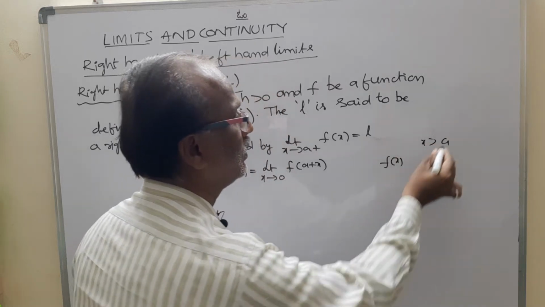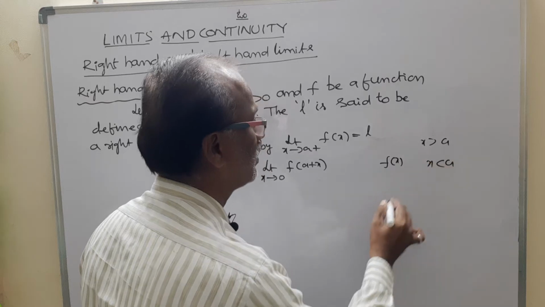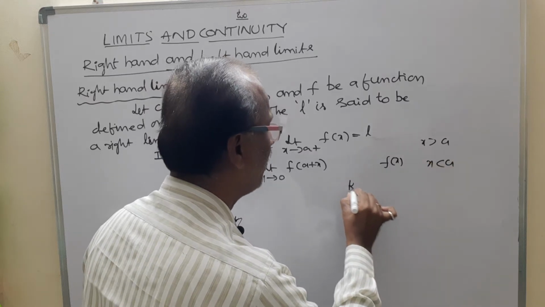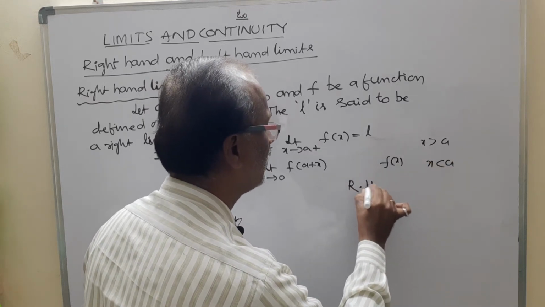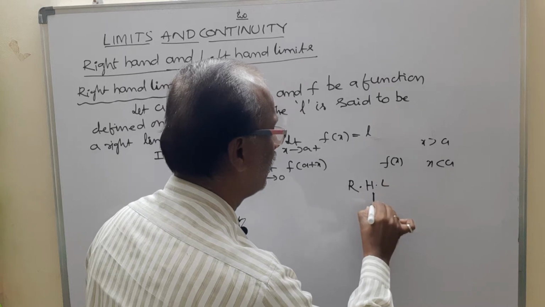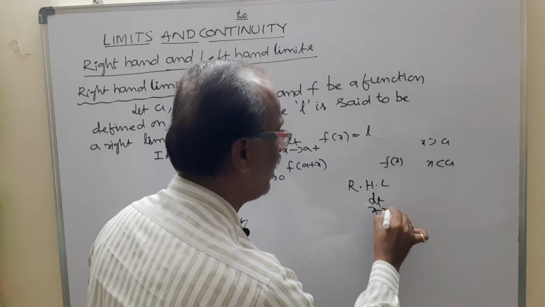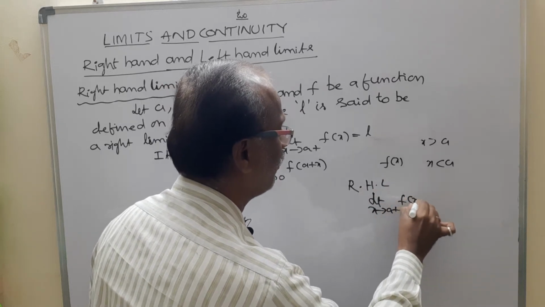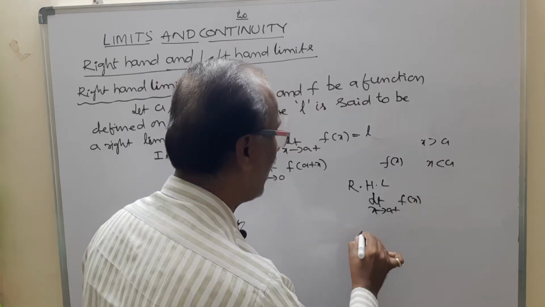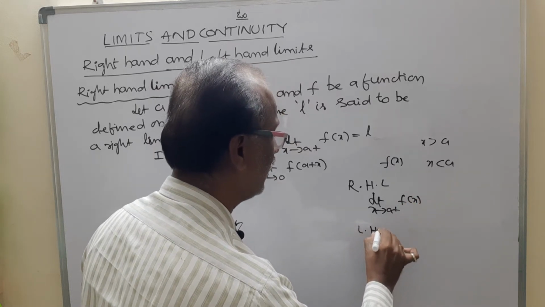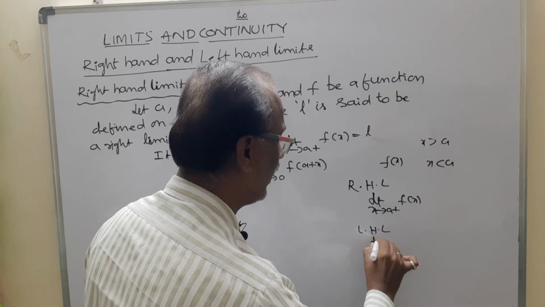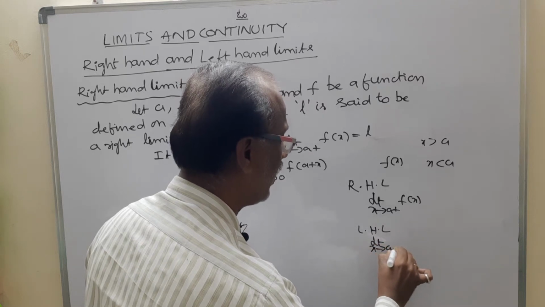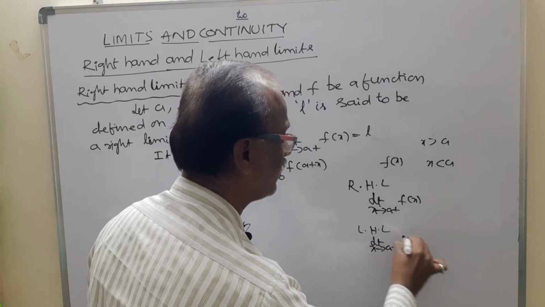The right hand limit is represented by RHL. It is the limit as x tends to a plus of f of x. The left hand limit, LHL, is the limit as x tends to a minus of f of x.